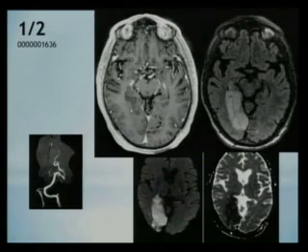There is no enhancement yet. And I don't know whether this was fortuitous, but you can see that the right posterior cerebral artery was occluded.